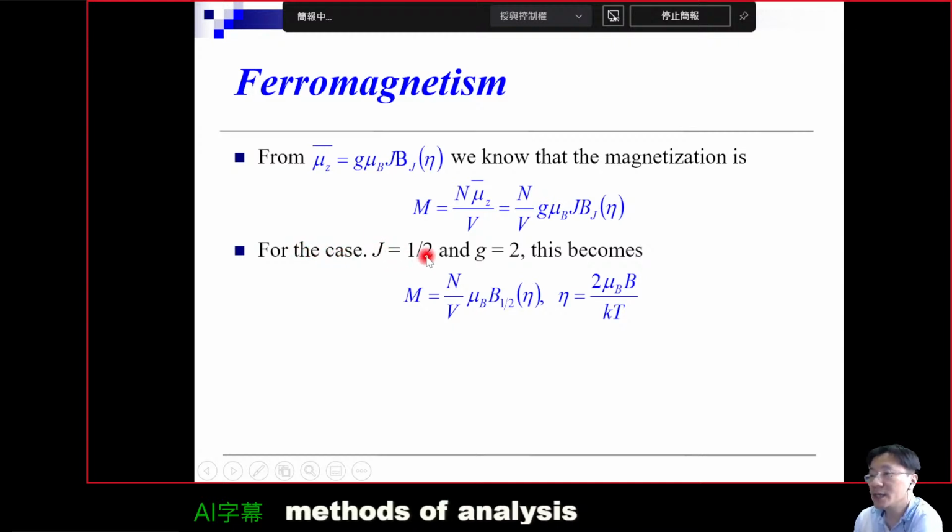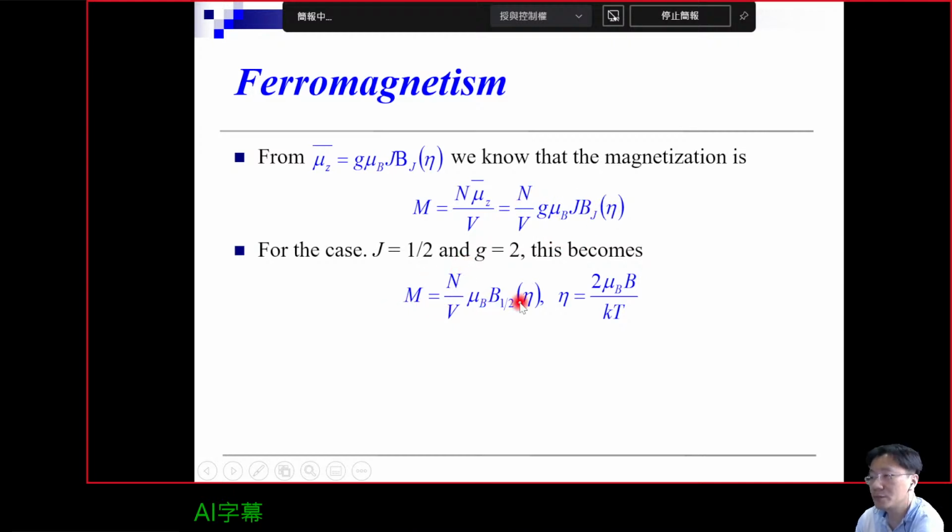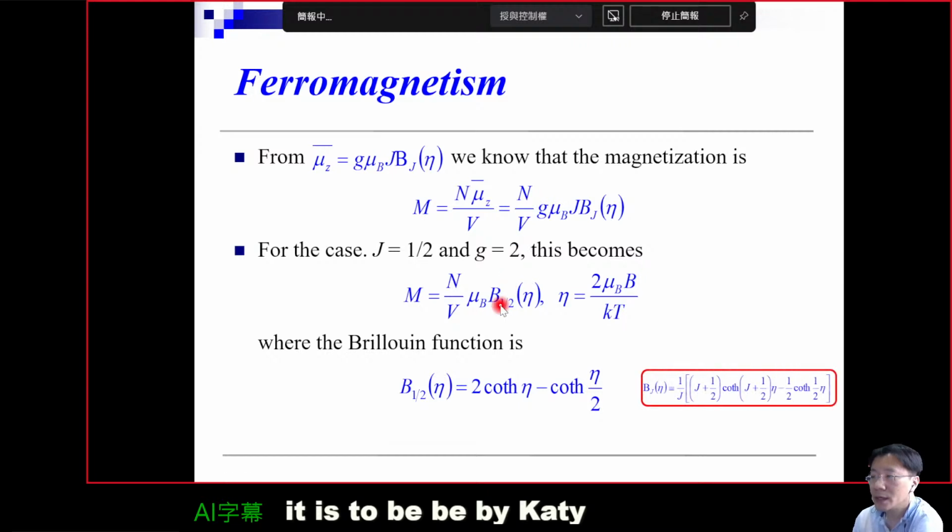That is, if J is equal to 1/2 and the g value is equal to 2, then this equation will become simpler. M can be written in this form, and eta is 2 mu B B over kT. And the Brillouin function will become simpler. B 1/2 of eta is equal to 2 coth of 2 eta minus coth of eta.